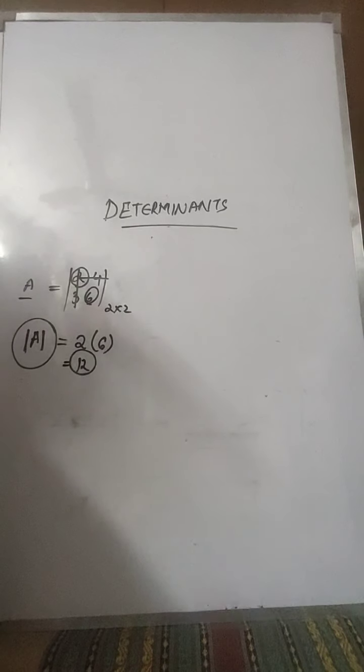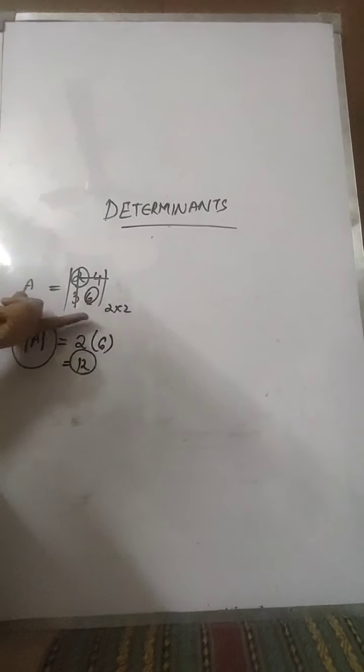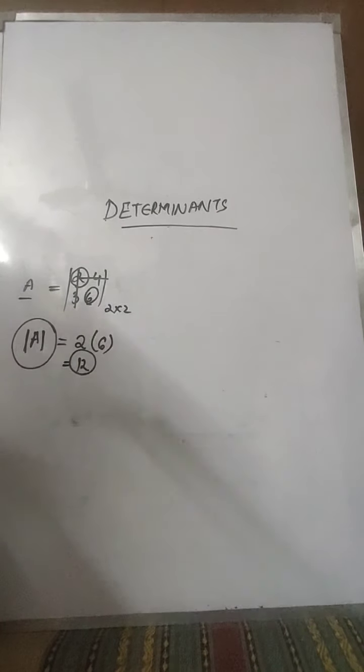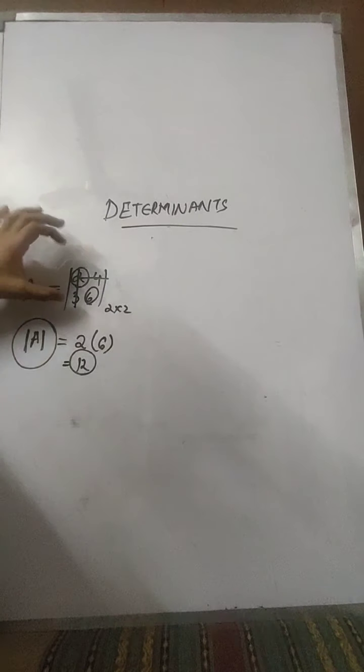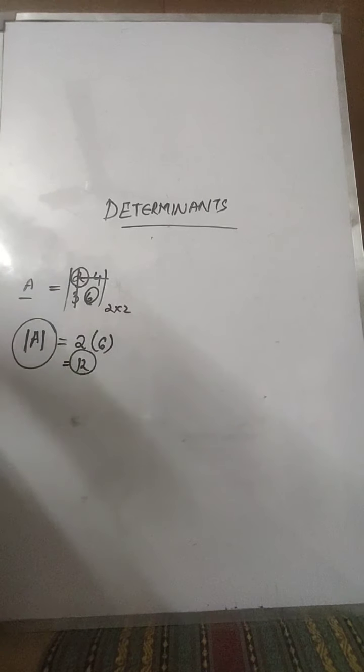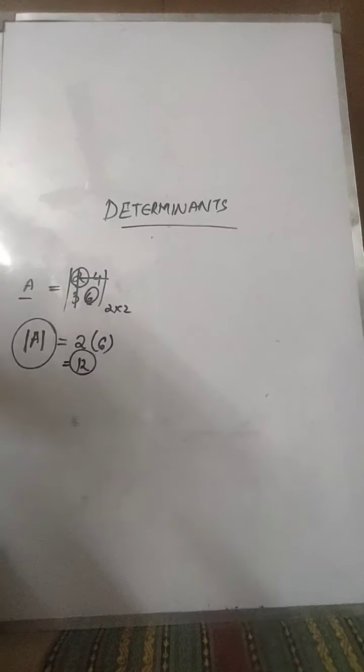Now how to calculate a determinant for a 3 cross 3 matrix? It becomes a bit different from that of a 2 cross 2 matrix. And yes, if I'm expanding the value through row 1, row 2 or column 1 or column 2 in any matrix, like a 3 cross 3 matrix also, I will receive the same value.